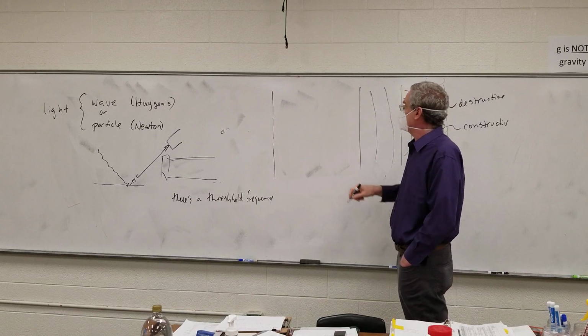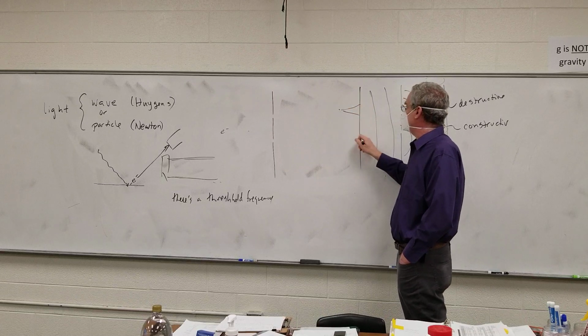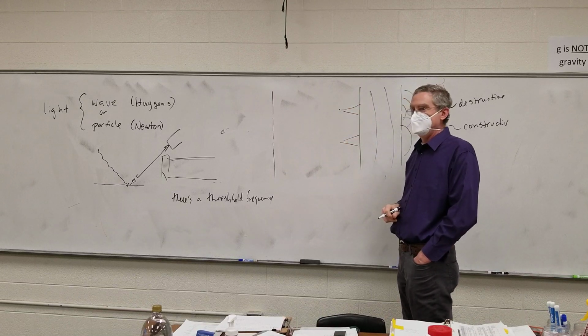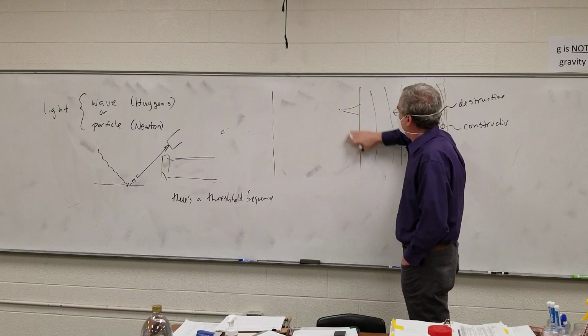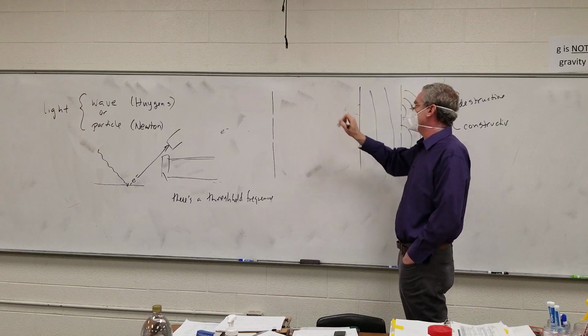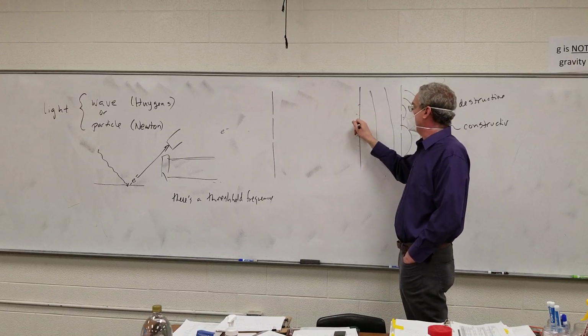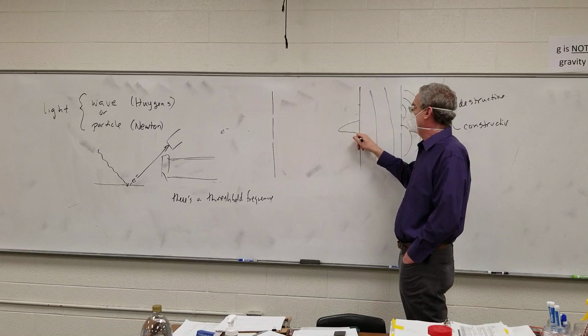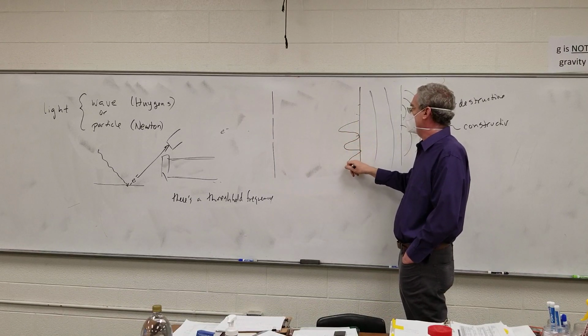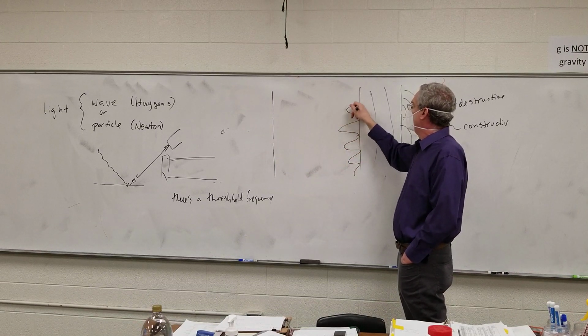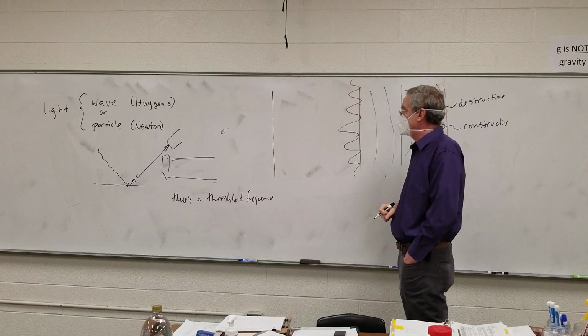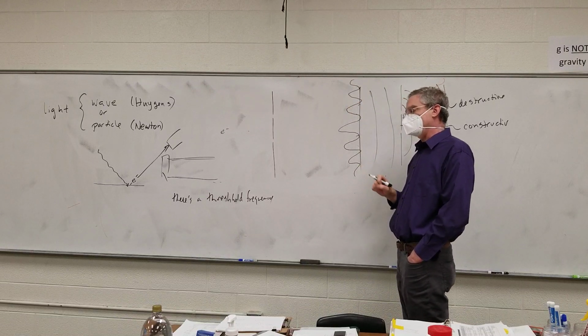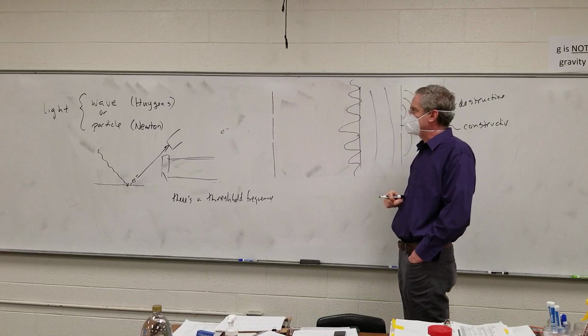If electrons are purely particles, I get a whole bunch of electrons here and a whole bunch of electrons there. But what I actually have is a whole bunch of electrons here in the middle, not as many here, fewer there, and so on. And so electrons seem to behave like waves.